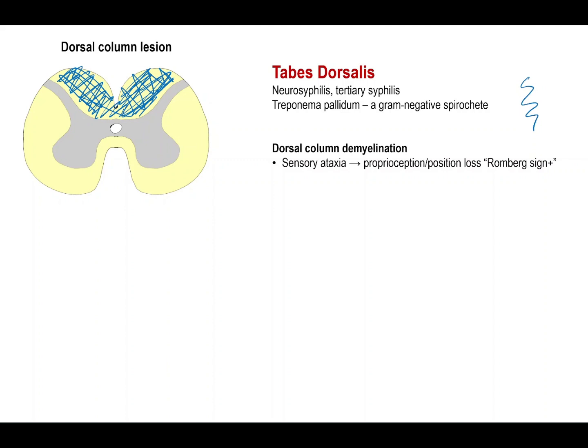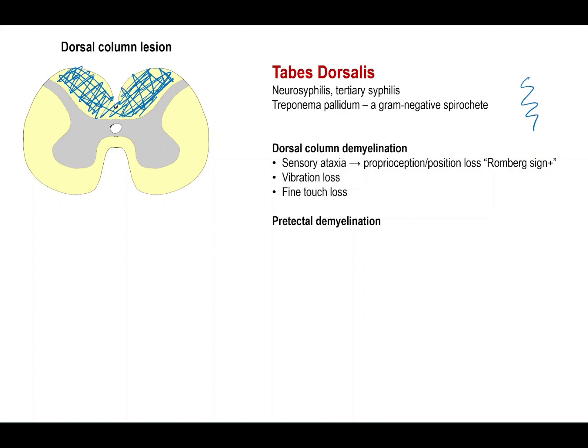But it will also lead to loss of vibration sense, and your patient will also be unable to sense fine touch. Crude touch, which is carried by the spinothalamic tract, will be intact. So the patient can sense crude touch, but fine, sharp touches they won't be able to sense, especially if you want to discriminate between two points.